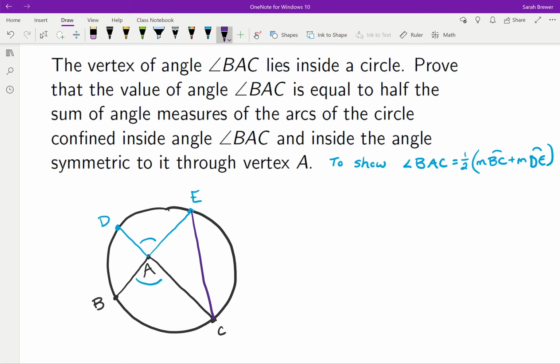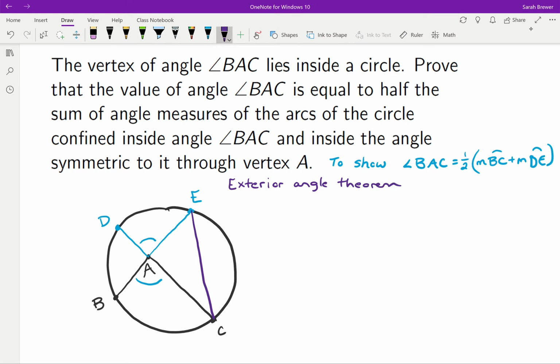So we used the fact that the sum of the angles in a triangle is 180 degrees, and the sum of the angles in a linear pair is 180 degrees. And we use that to show what is actually more simply stated as the exterior angle theorem, which is what I'm going to apply here.